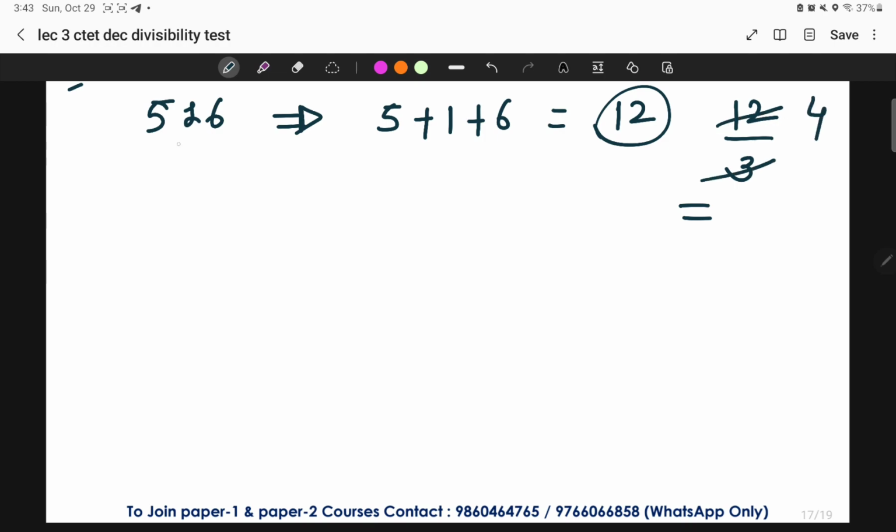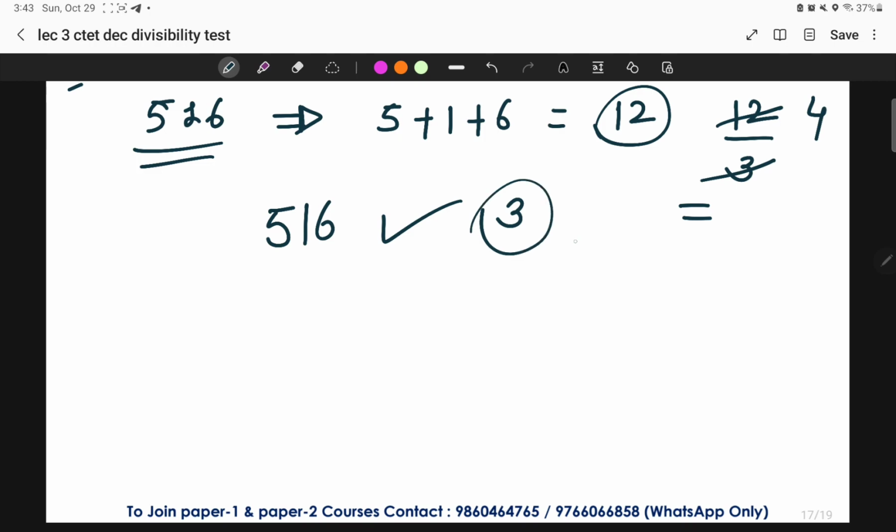So if 12 is divisible by 3, then 516 is also divisible by 3. Just practice with a few examples on your own. This is very simple: take the summation of the digits and check whether the summation is divisible by 3 or not.